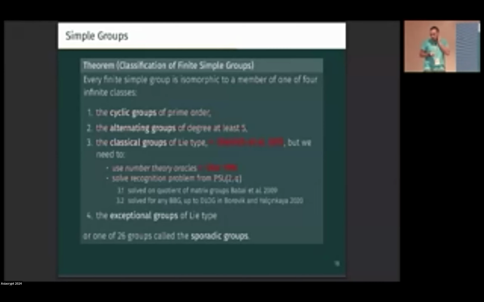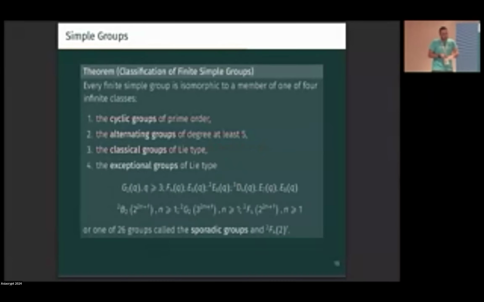This is a relatively recent result. And since we are in the quantum cryptanalysis area, this is not a problem for us. We can assume it to be solvable. And so we now just need to focus on exceptional Lie groups, which are Lie groups with some peculiar structure. And also for them, there are a lot of results on computing this explicit isomorphism.